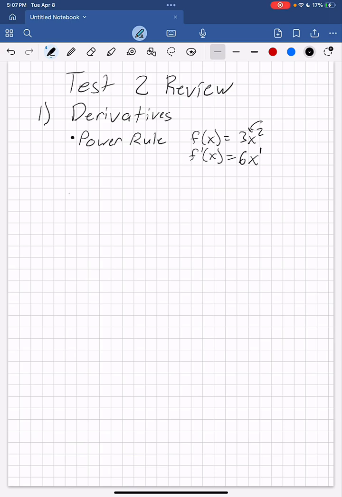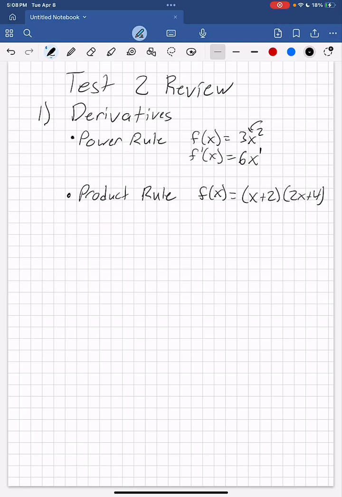All right. And then we had the product rule. The product rule is when we have two things being multiplied together, two separate functions, you could say, like x plus 2 and 2x plus 4.